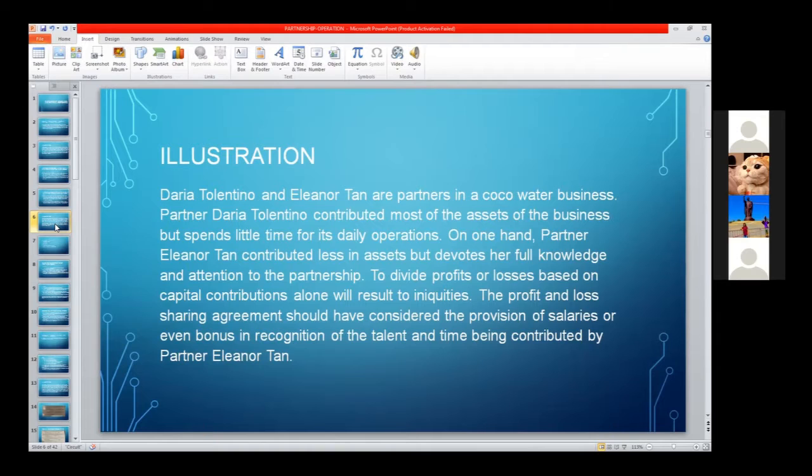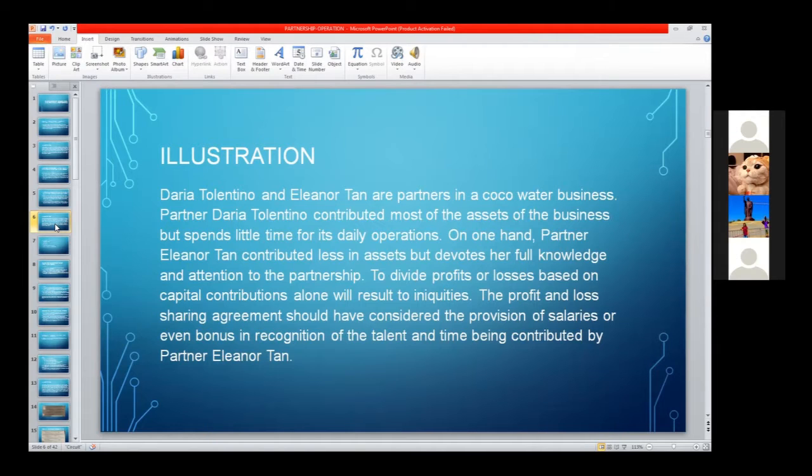So, ang sabi dito, kung i-divide nila yung profit or loss nila based lang sa capital contribution alone, it will result in inequities. Inequities meaning unfair, kasi syempre, imagine nyo, kunwari ako si Daria, malaki nga yung capital contributed ko pero konti lang yung time na pagtatrabaho ko, pero mas malaki yung share ko sa profit kaysa sa'yo, na kahit konti yung capital contribution.